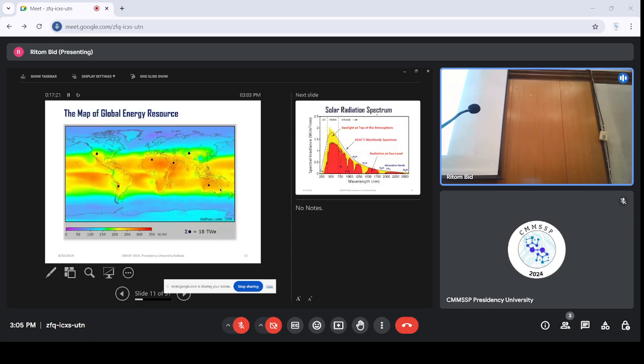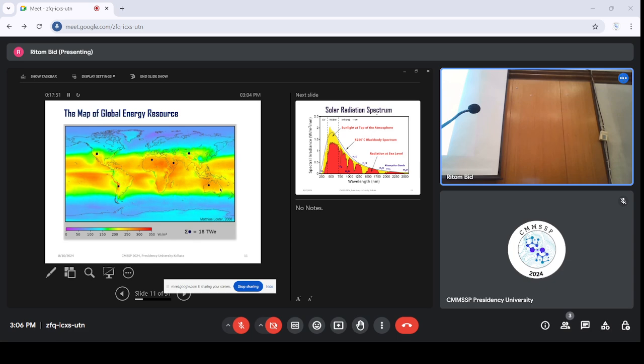This is the global energy map. If you just look at the position of India, we are very lucky to have abundant solar energy throughout the year, and some of you must be aware of the National Solar Mission declared by the Government of India in 2010, with a target to switch to renewable energy sources, and a major component for that is solar energy.